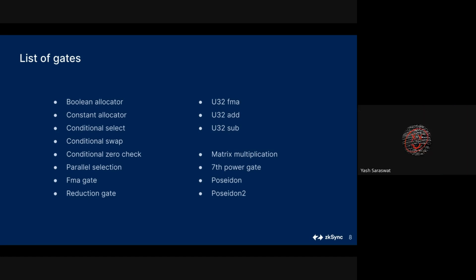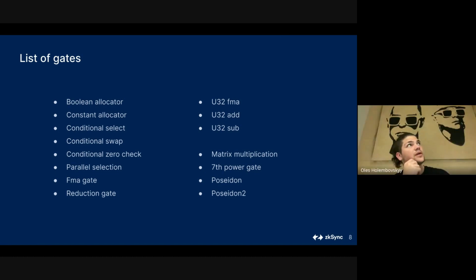Okay, so I was just wondering, how computationally complex can a gate be? You can use as many variables as you want. They should just be placed in one row. And the maximum degree of one polynomial is 7 or 8.